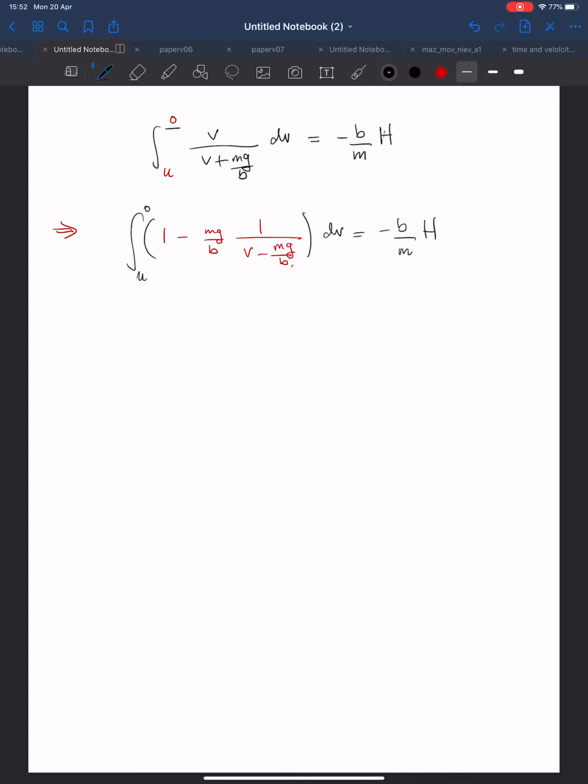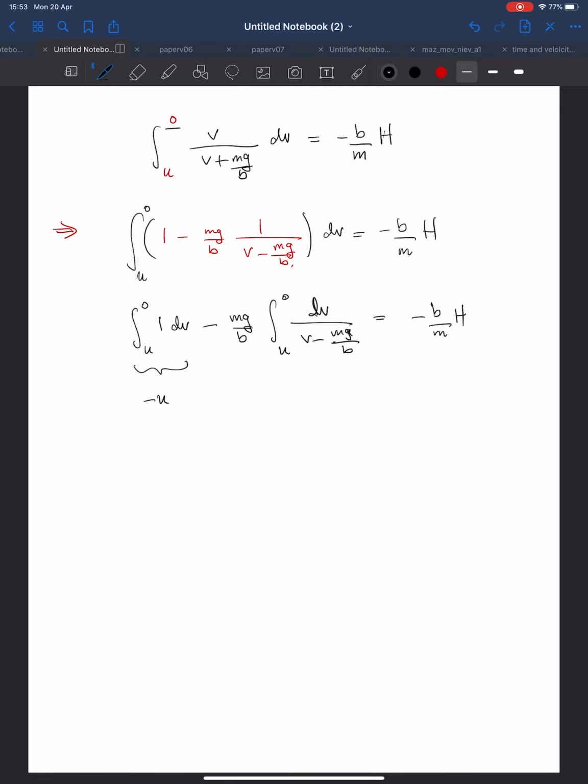Well, actually easy for all of this, I think. So this is just the integral of 1 dv minus mg over b integral u over v minus mg with respect to v. Then what we have is the thing that we calculated earlier, that this is equal to. So this one is minus u.